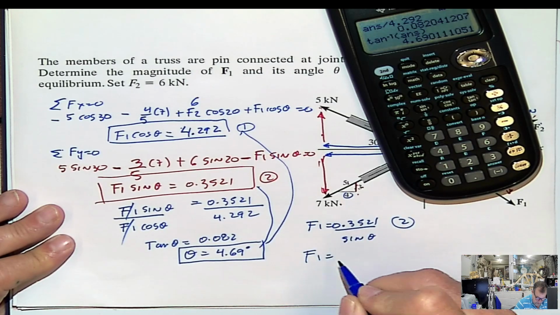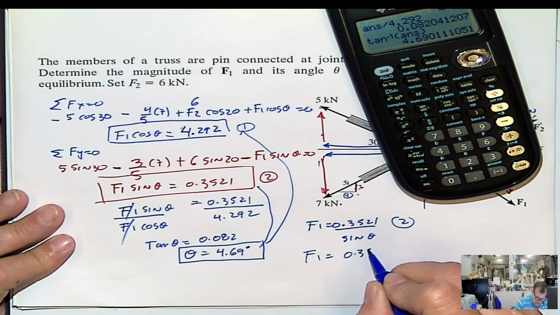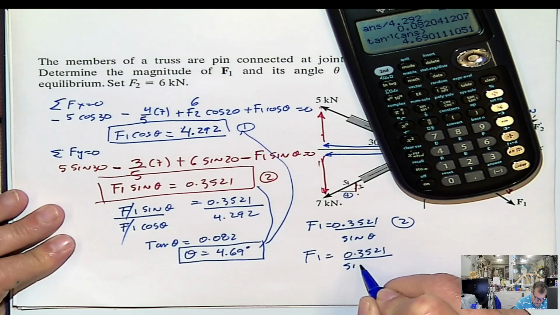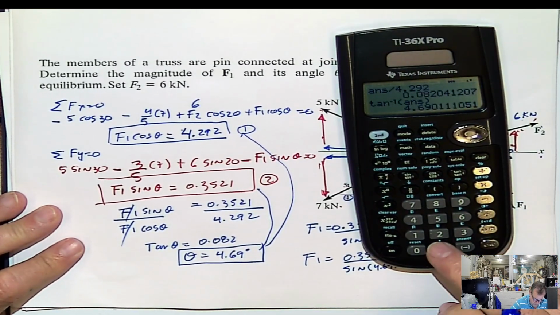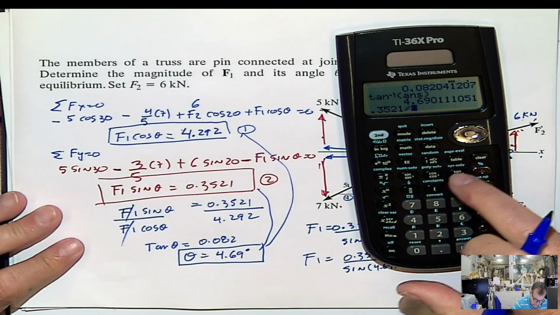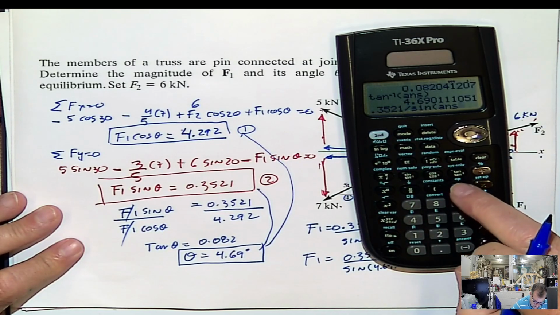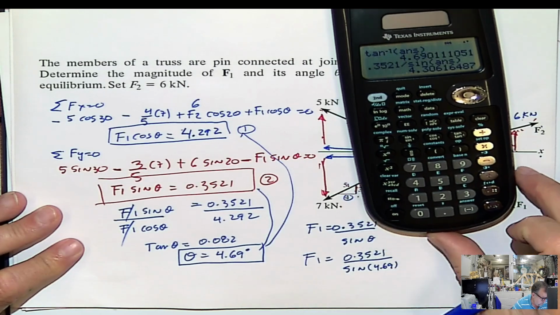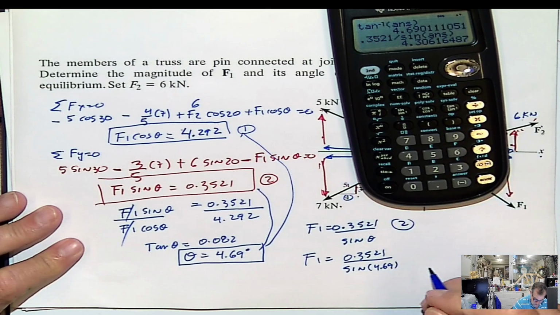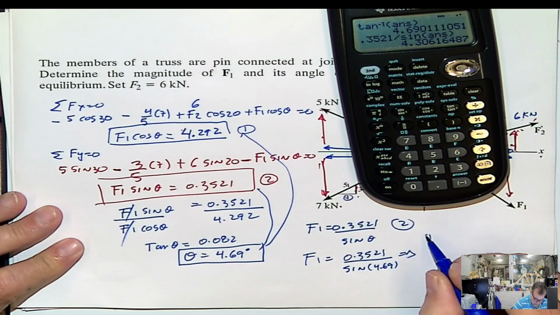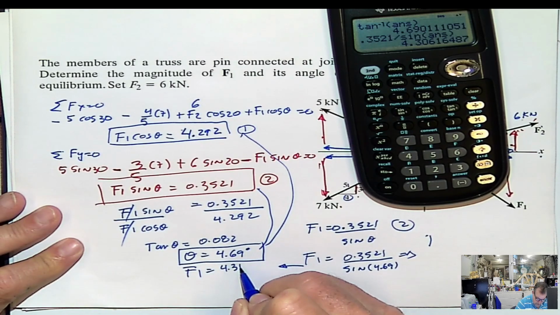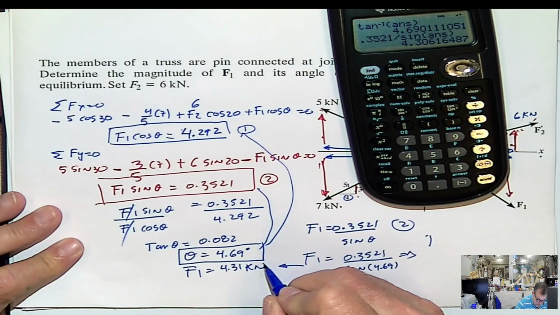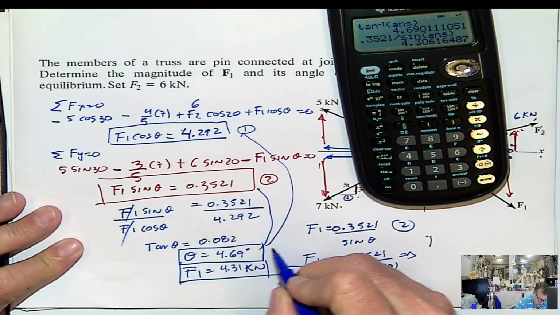So F1 will be 0.3521 divided by the sine of 4.69, which means 0.3521 divided by the sine of the answer that I have here stored, and that will be 4.31 kilonewton, and that will be our solution.